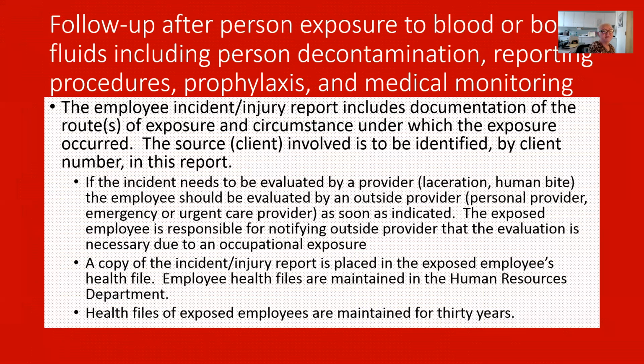The employee incident injury report includes documentation of the routes of exposure and circumstance under which the exposure occurred. The source or client involved is to be identified by client number in this report, not by name.